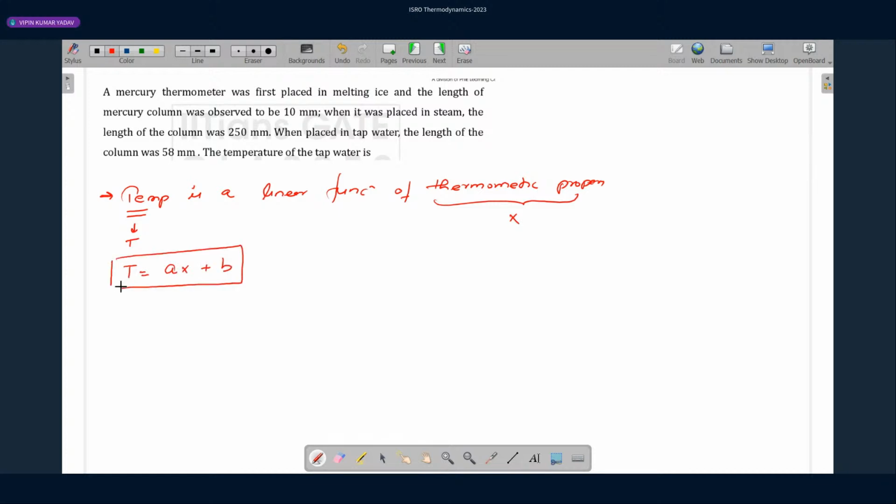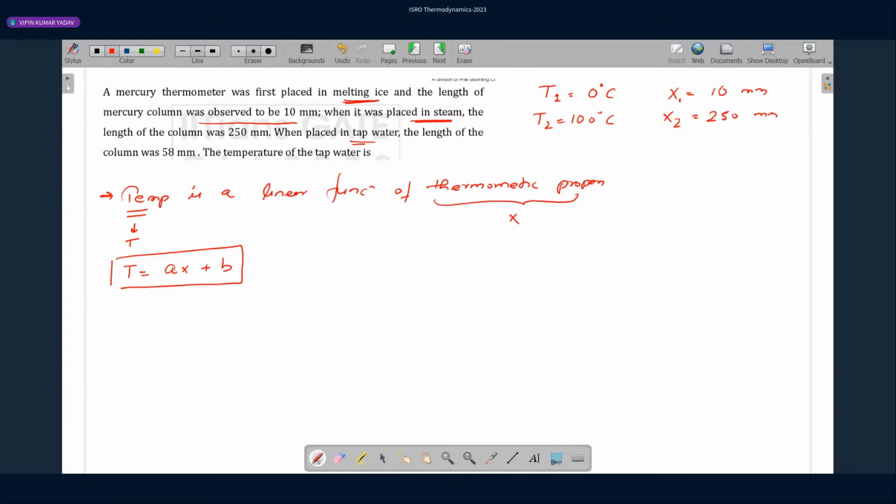Now it is saying a mercury thermometer was first placed in melting ice and the length of the mercury column was observed. So when temperature T1 is the ice point, 0 degrees Celsius, then thermometric property X1 is 10 millimeter. Now when it is placed in steam, the steam point, which is 100 degrees Celsius, the column's length is 250 millimeter.